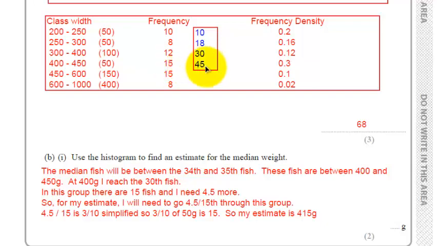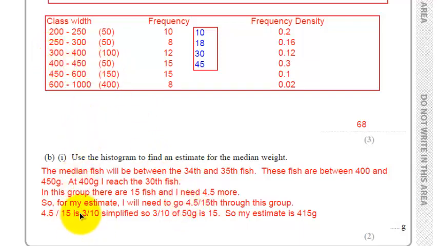Now, there are 15 fish in this group. I need fish 4.5, so the fish in between the 4th and the 5th. So if you look at my workings here, I need the 4.5 out of 15th fish. So we assume that the fish are equally distributed across the class width, and we work out what 4/15 of 50 is.